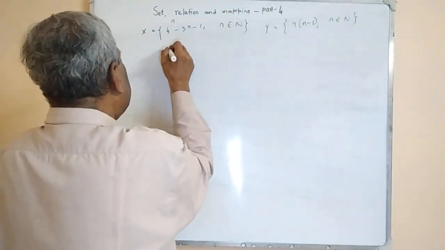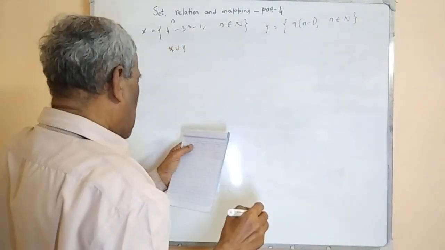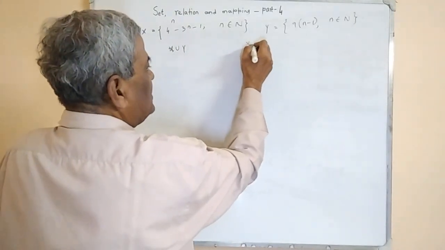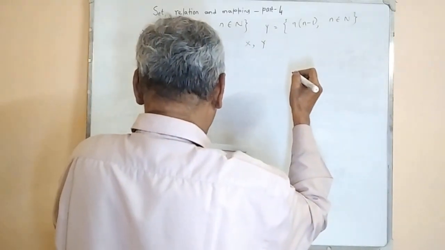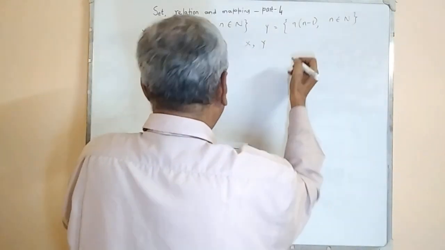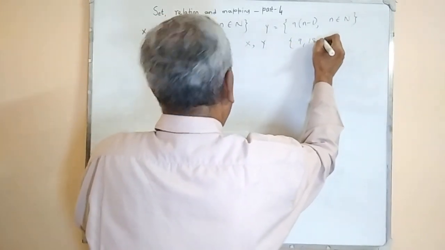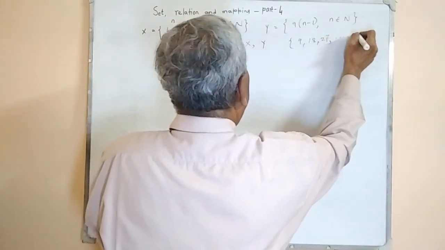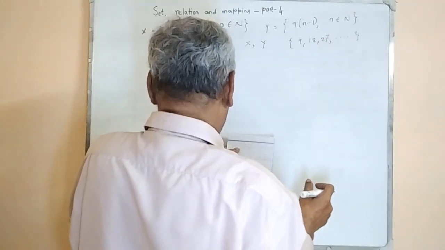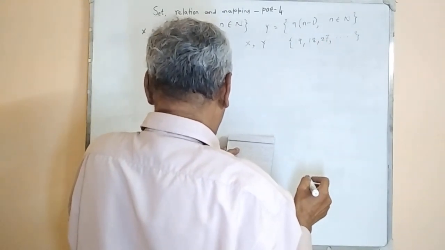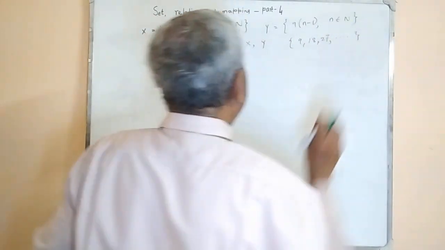Then X union Y, this is capital X union Y, the options are X, Y, (9, 18, 27) and other options. I cannot read it. One more option is there.